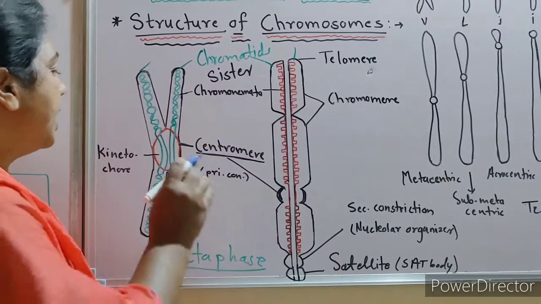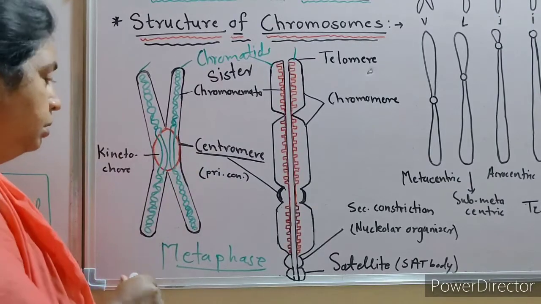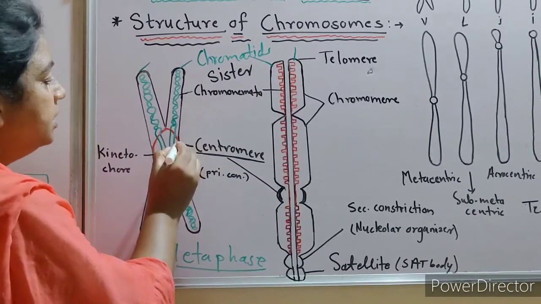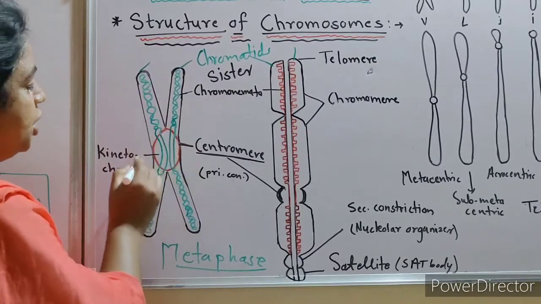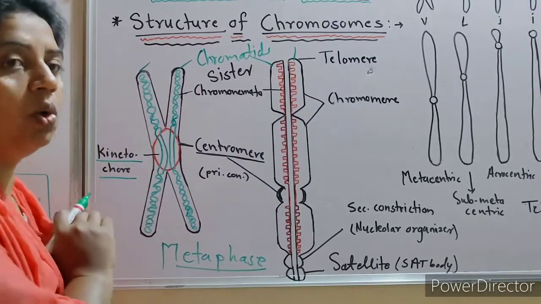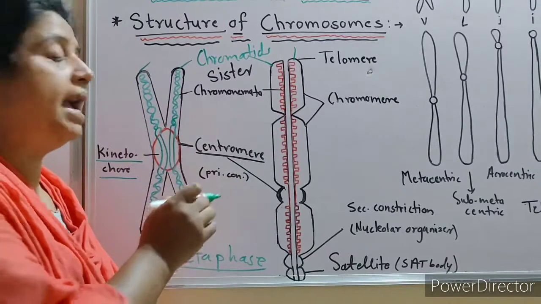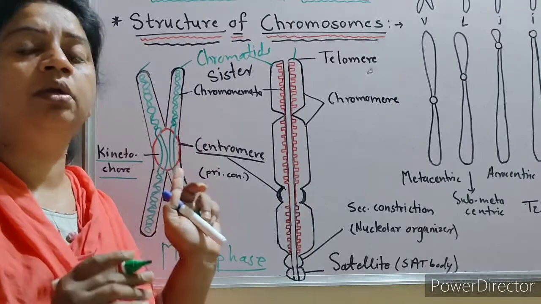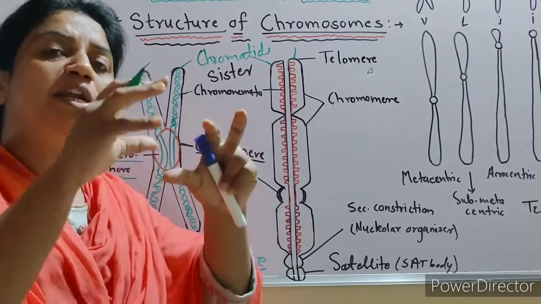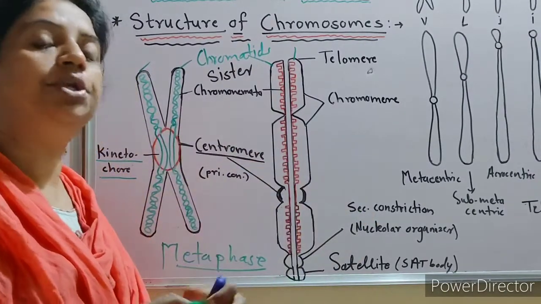This centromere has this plate-like structure, this disc-shaped plate, shown in red, called the kinetochore, to which spindle fibers get attached during cell division.